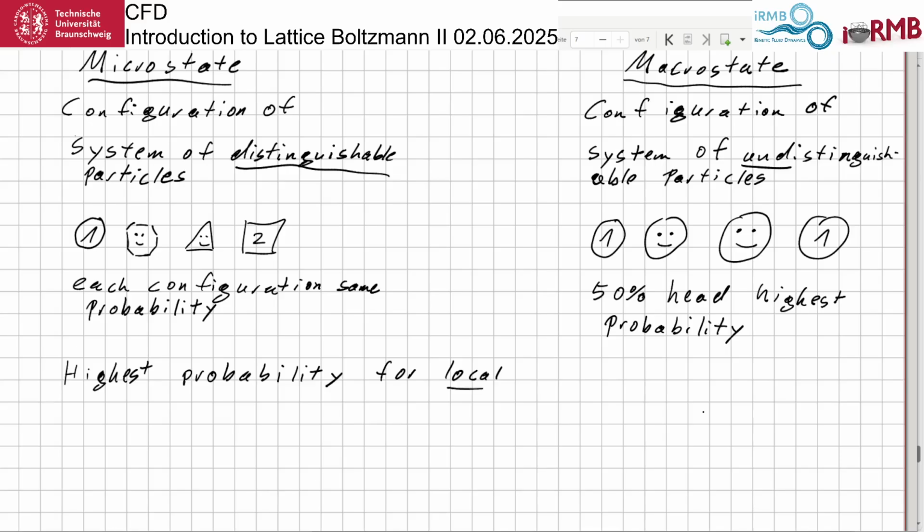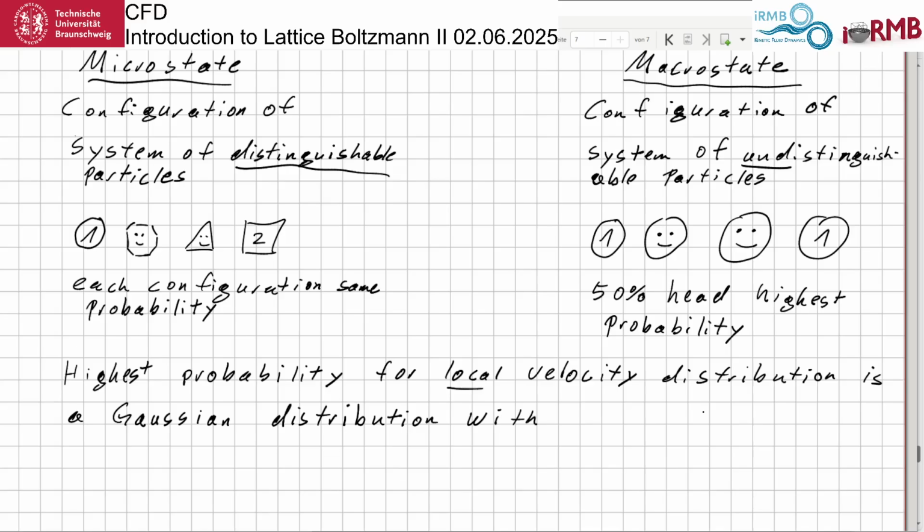Okay, so this is one important thing. Local velocity. So this turns out to be, as with many statistical things, a Gaussian distribution. With the mean, so the mean is the first moment, right?